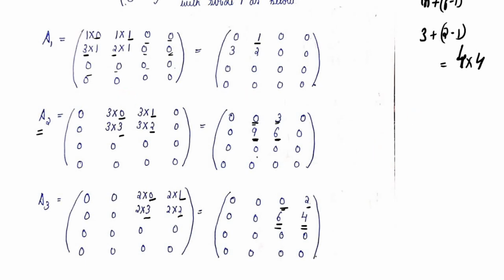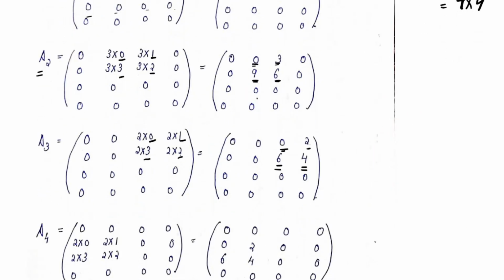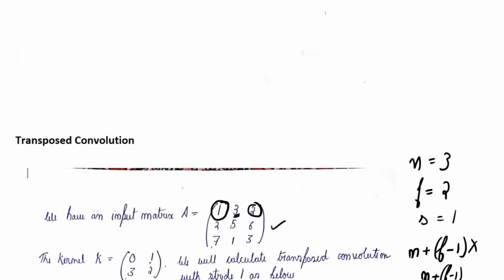I proceed a step further and then I come to the part of the matrix A where the value is 2 again. So I will be writing the value of the kernel in the space which is given and multiply individual elements by 2.